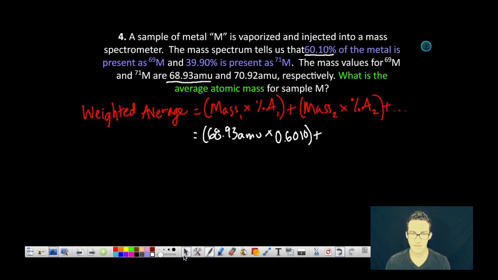And then we'll add to that the product of the mass of the second isotope, which is 70.92 AMU, times its percent abundance, which we are told is 39.90%. Again, we'll move our decimal point 2 places to the left to get 0.3990.